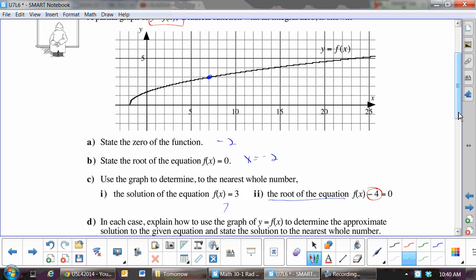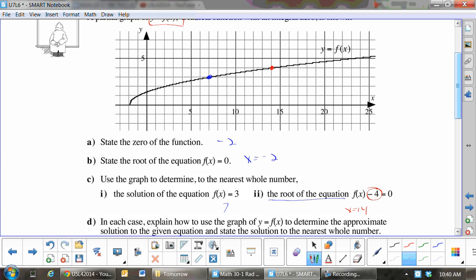In other words, where is it 4 up right now? Because when I move it 4 down, it will be going through 0, right? 14. See, right here, if I take that graph and move it down 4, this will equal 14.